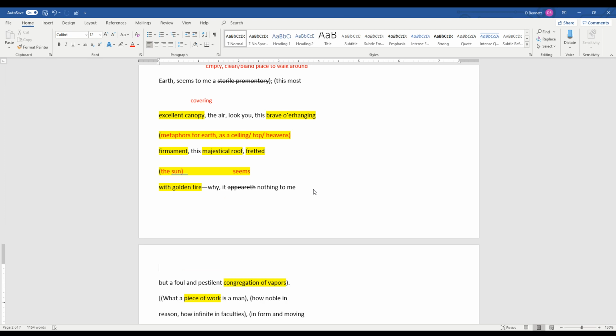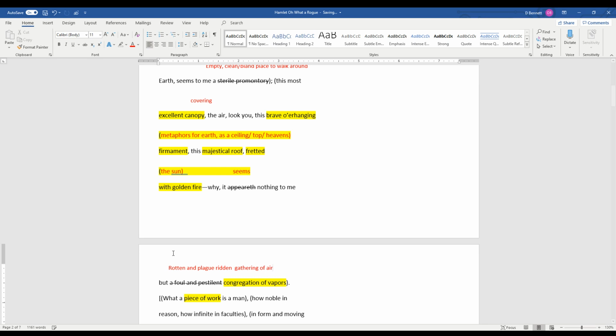So foul and pestilent, what we have here is foul means like rotten, and pestilent means plague-ridden. Congregation of vapors. A congregation means a gathering, and vapors just mean air.